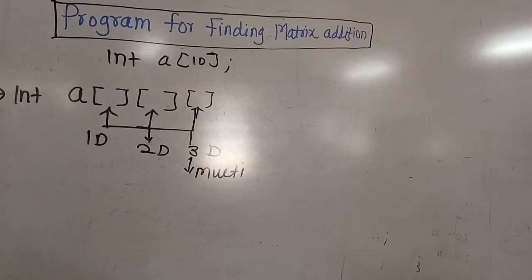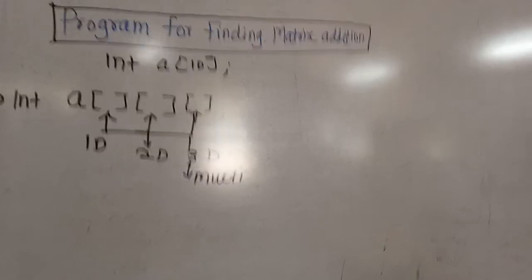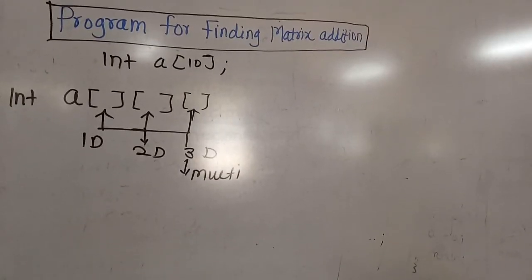So to demonstrate how to use two-dimensional arrays, we will solve one example, and that is nothing but a program for finding the matrix addition. We all know the matrix.